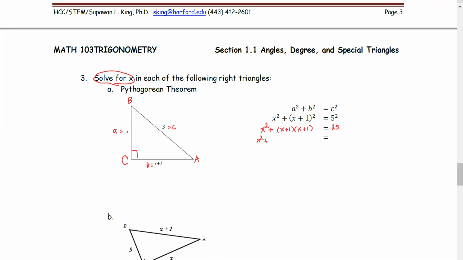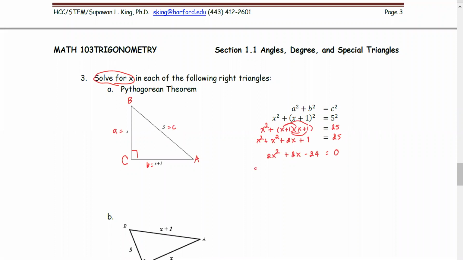Simplify more by distributing all terms. So we have x squared plus 2x plus 1 equals 25. Combine like terms: x squared becomes 2x squared plus 2x. Subtract 25 from both sides: negative 24 equals 0.